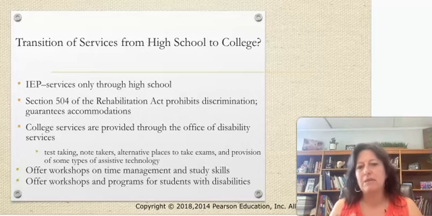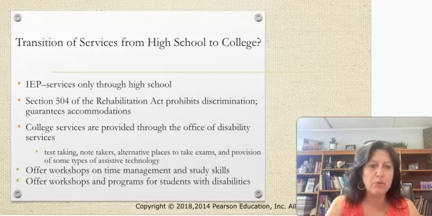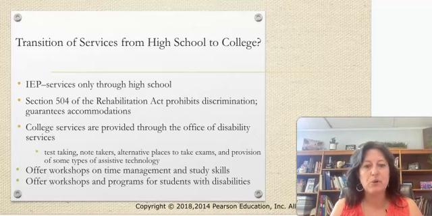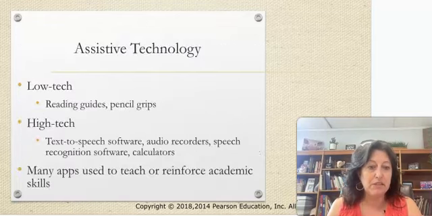In college, you may be allowed to have test taking help. In other words, a separate room or extended time, note takers, an alternative place to take exams. And some of these students are allowed additional assistive technology. Colleges will sometimes offer workshops on time management and study skills, or workshops and programs for students with disabilities.